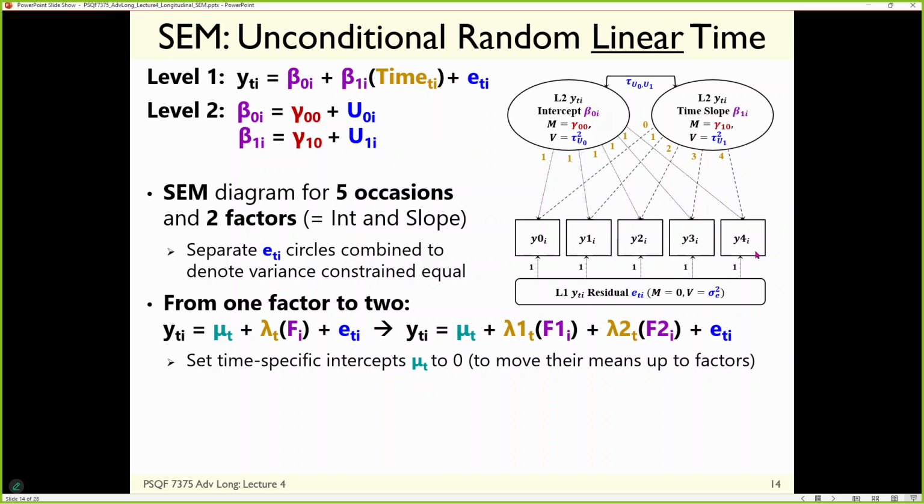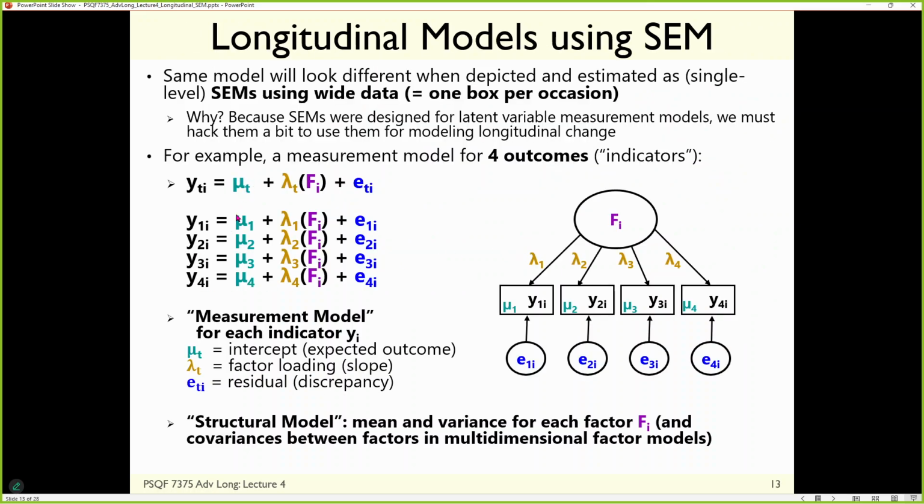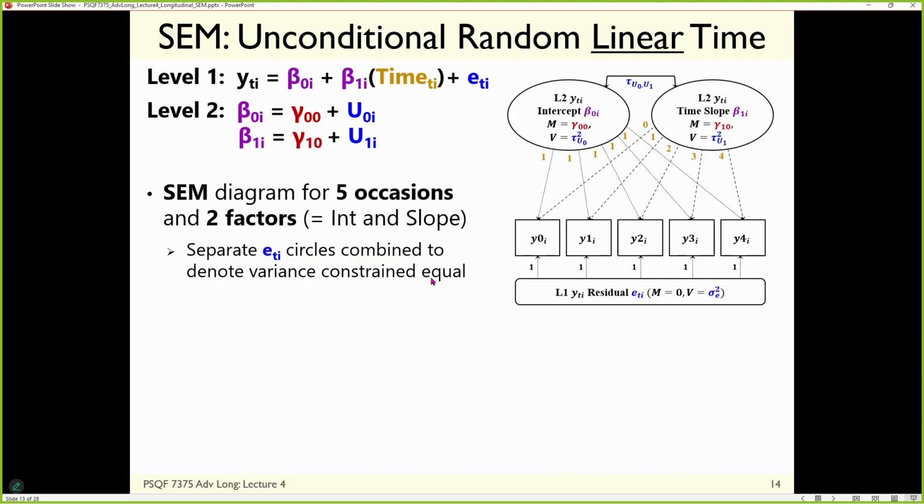I'm shutting them off because I want to move all of the information about what the mean is at that occasion up so that the factors take care of it instead. So these intercepts right here, what I put in the little boxes, they are attached to a triangle in a lot of SEM diagrams. That's the way that they get into the path. I hate that thing, so I don't ever use it on purpose. These are all going to 0. That's step 1.